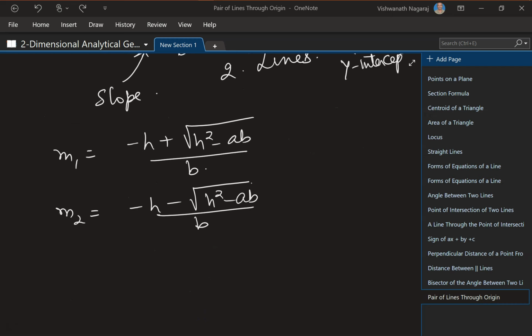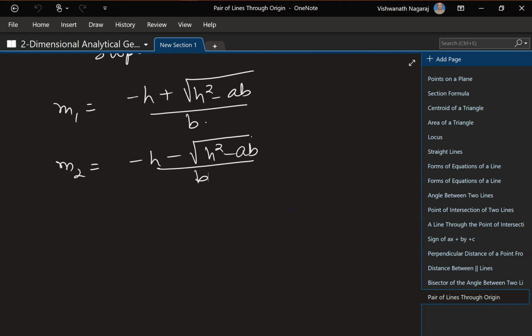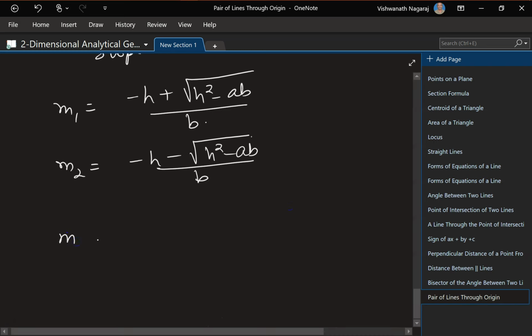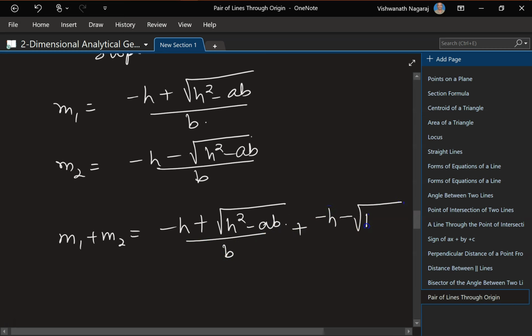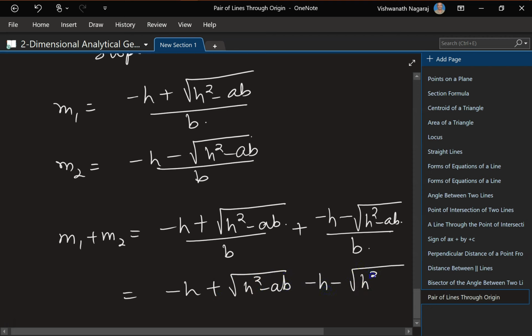The sum and product of these slopes can be very useful. So let's look at the sum. So m1 plus m2 would be (minus h plus square root of h square minus ab) by b plus (minus h minus square root of h square minus ab) by b.